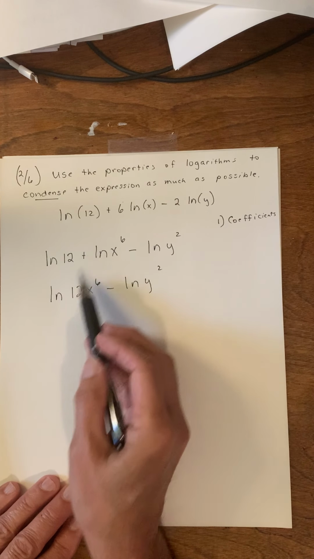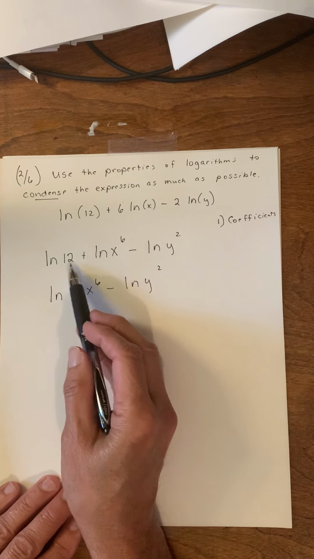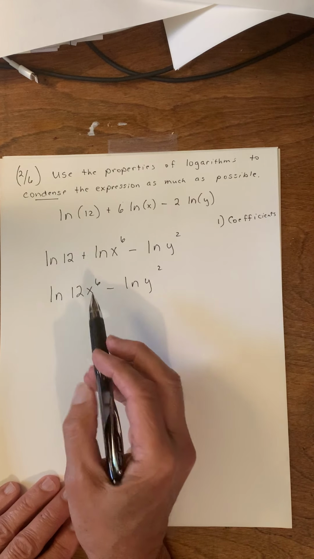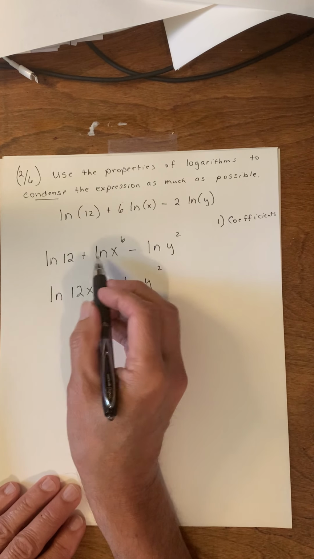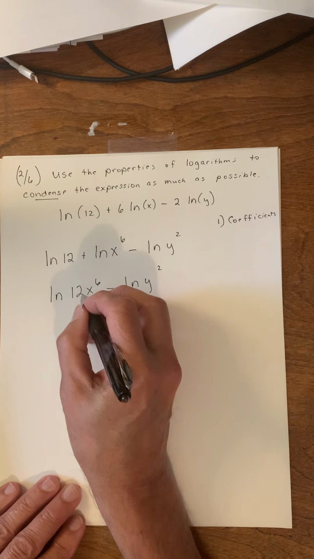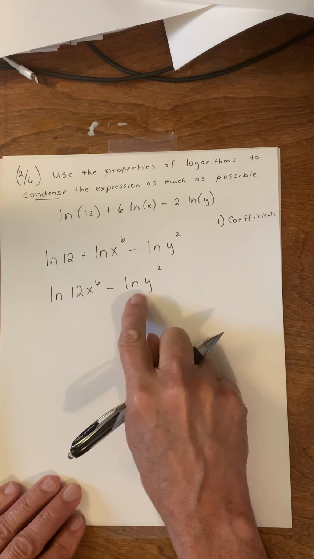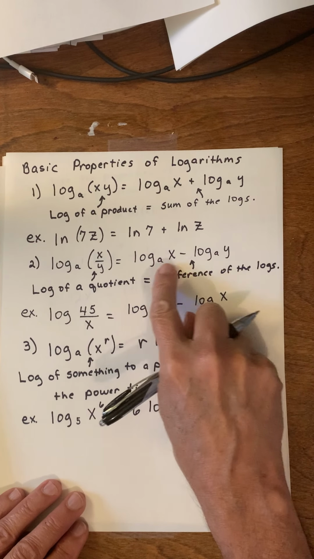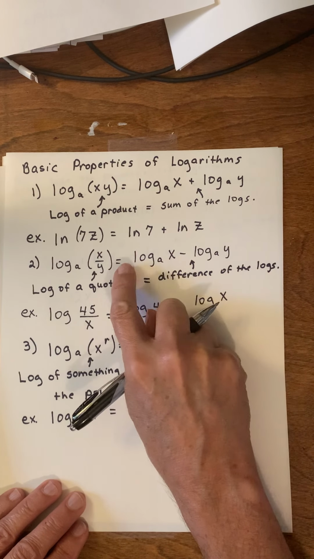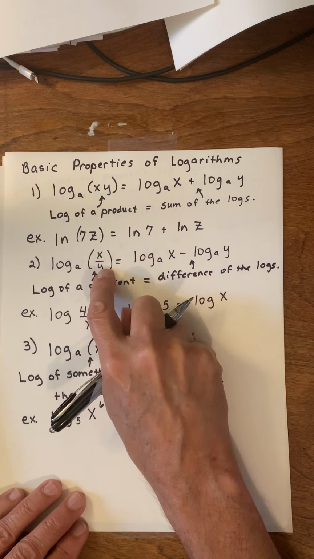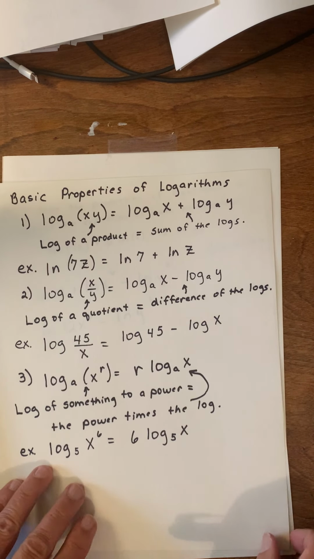I saw a sum of logs, and I changed that sum of two logs to the log of a product. Now I see the difference of two logs. And I know that the difference of two logs is the same as the log of the quotient of those two things.